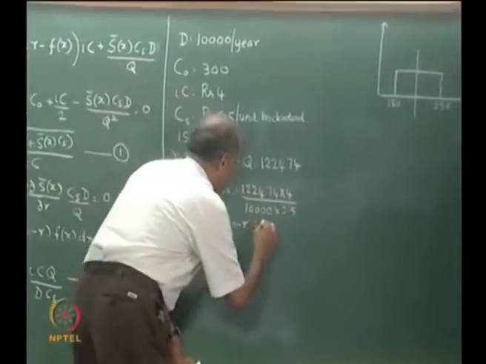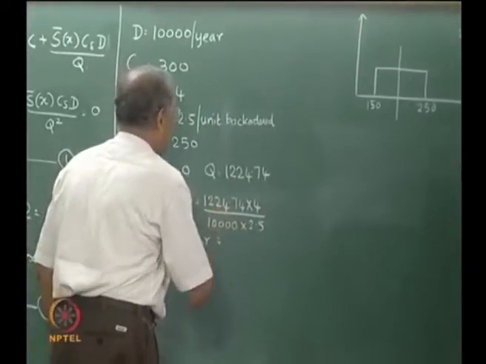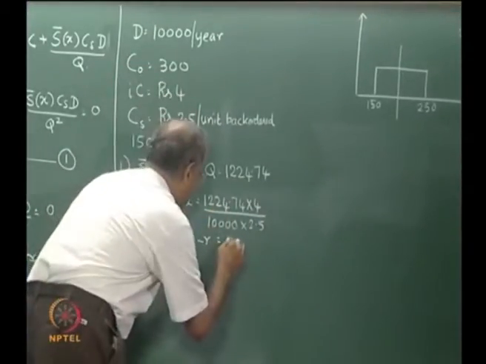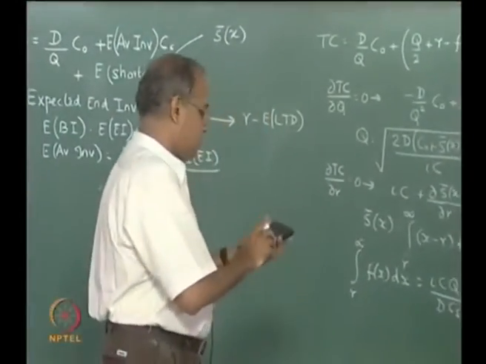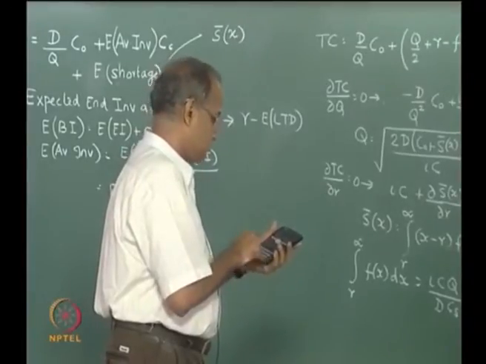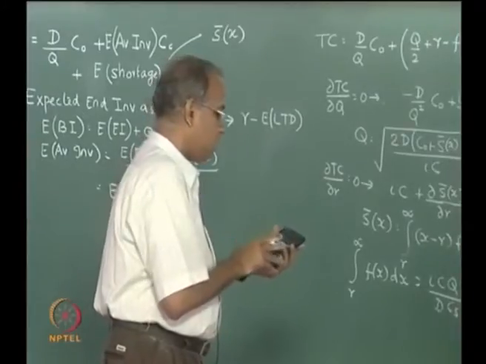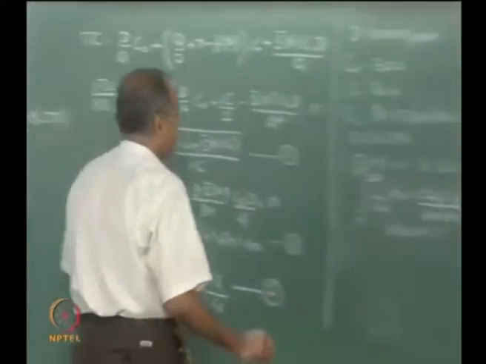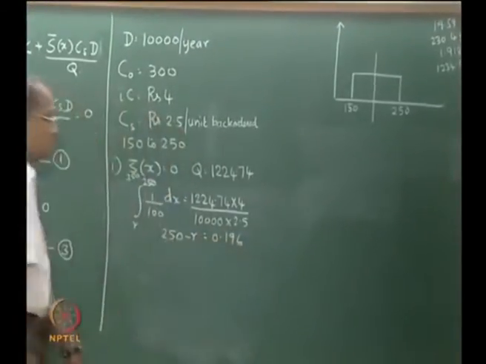So, on simplification this would give us 1224.74 into 4 divided by 10,000 into 2.5, which gives us 0.1959 or 0.196.